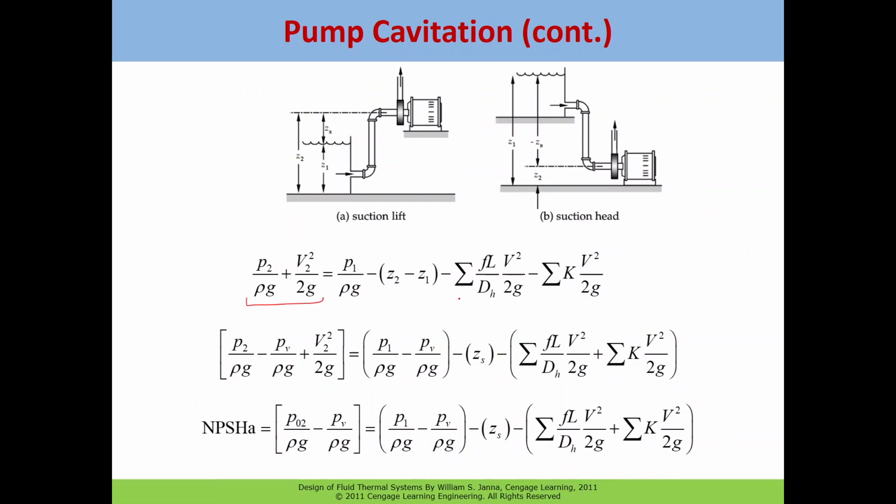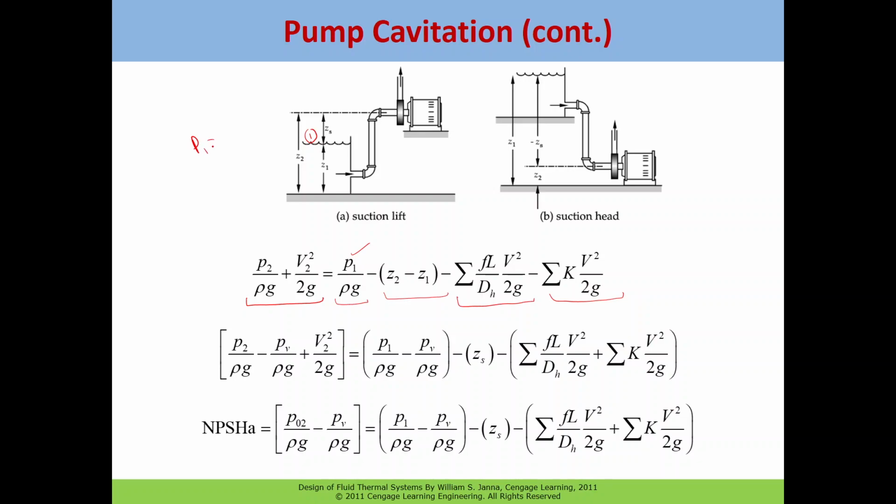So these are the quantities: the friction losses, the minor losses, the pressure at section 1, and this is the potential difference. Remember that this pressure P1 is usually taken as atmospheric pressure, because this is section 1.